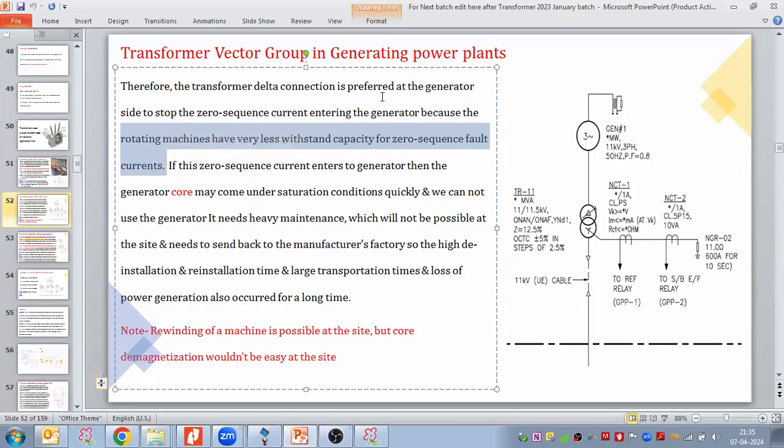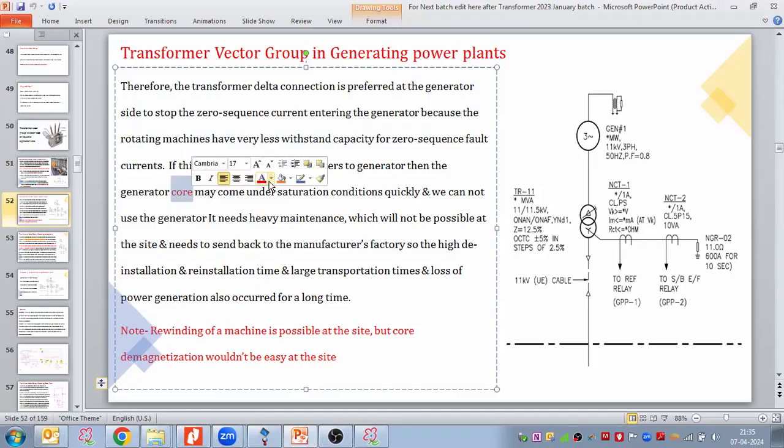Therefore, a delta connection is preferred at the generator side to stop the zero sequence current entering the generator, because rotating machines have very less withstand capacity for zero sequence fault current. And if this zero sequence current enters the generator, then the generator core, this is the important topic, may come under saturation conditions quickly, and we cannot use the generator at site, and it needs very heavy maintenance, which will not be possible at site.